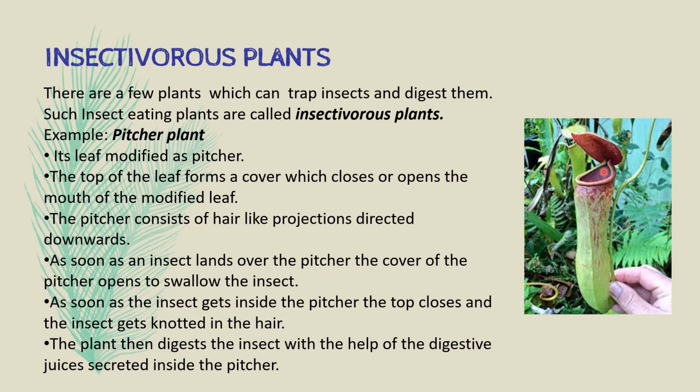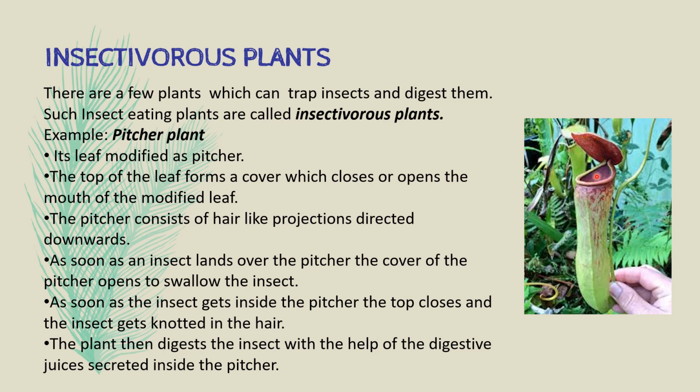Next, as soon as an insect lands over the pitcher, the cover of the pitcher opens to swallow the insect. So when any insect unfortunately comes here, this flap opens. And some slippery substances are also here, so the insect slips into the pitcher.